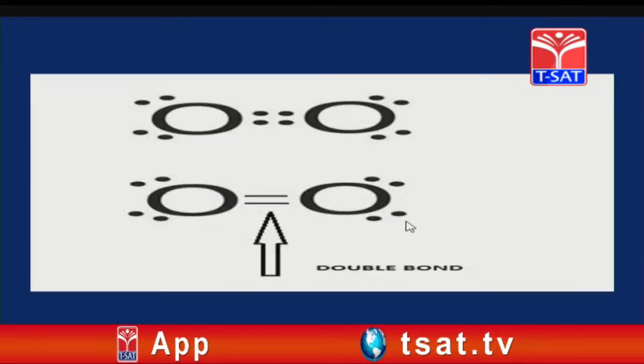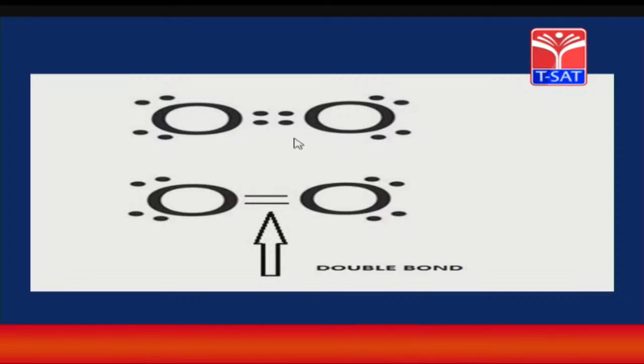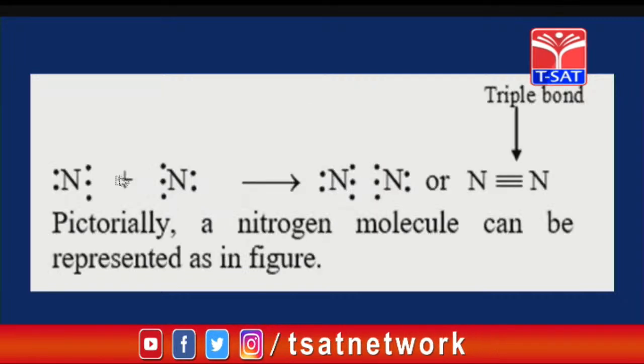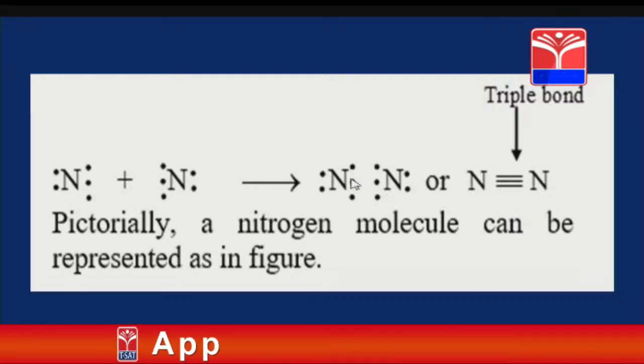Then what about oxygen molecule, children? You can see between 2 oxygen atoms, 2 pairs of electrons are shared. So, a double bond is formed between 2 oxygen atoms in an oxygen molecule. And in nitrogen molecule, we have seen between 2 nitrogen atoms, there are 3 pairs of electrons shared. So, a triple bond is formed between 2 nitrogen atoms.